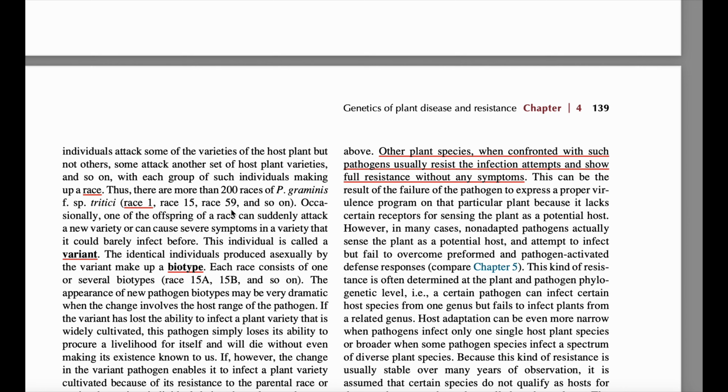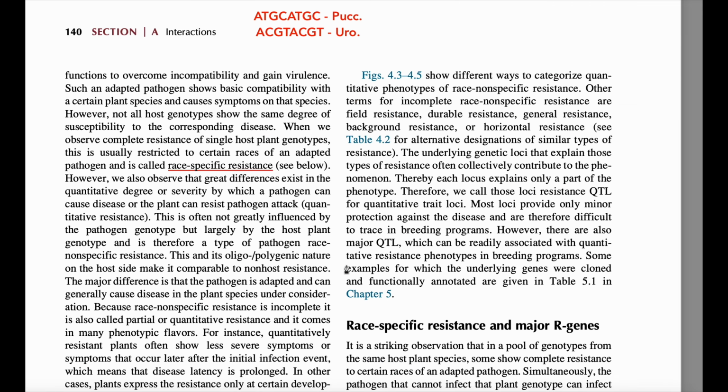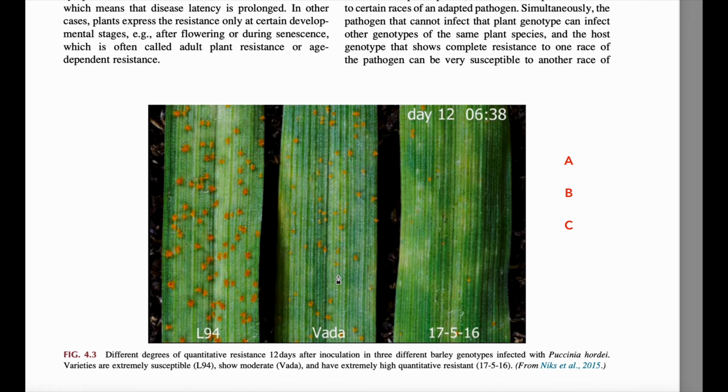So the example was as such, if that host is totally resistant to race 1, it will be susceptible to race 15 of Puccinia graminis tritici and other races. Okay, I hope I could make that portion clear.